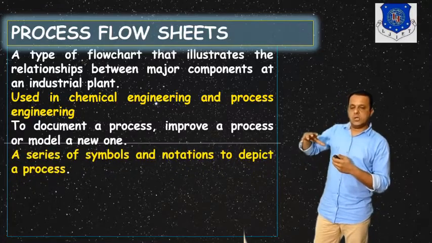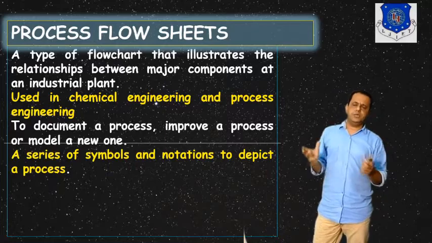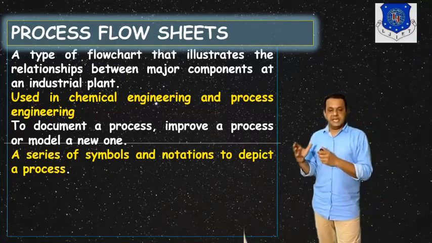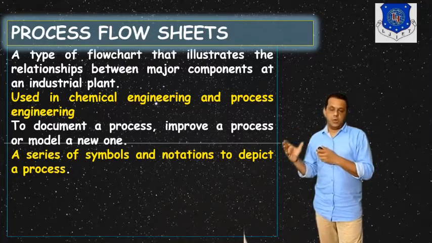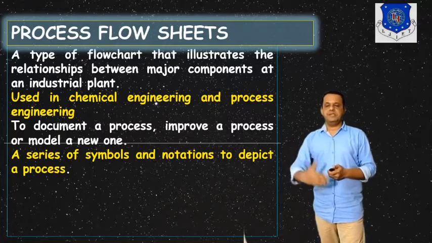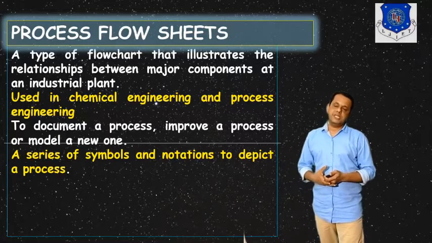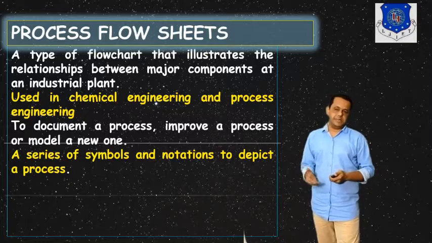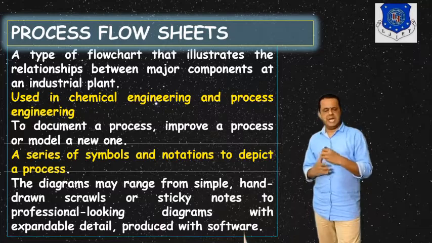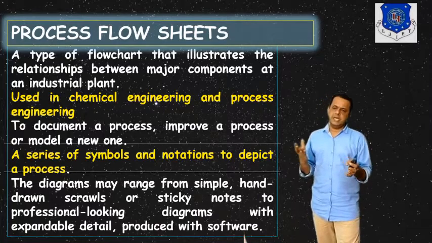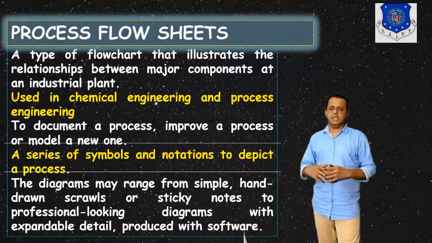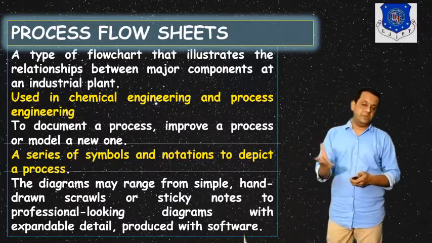It consists of so many symbols and notations, so definitely we need to use standardization for making this kind of flow sheet. This is one of the first, elementary steps before going ahead for creating the documentation of the entire plant. It may be simple, hand-drawn ideas, as I told earlier, or in the form of sticky notes, or diagrams prepared with software.